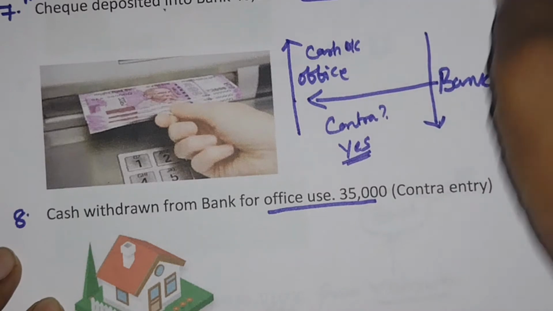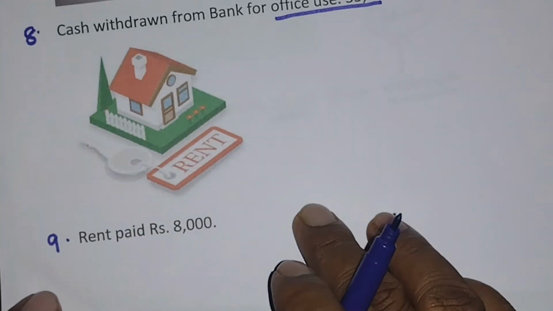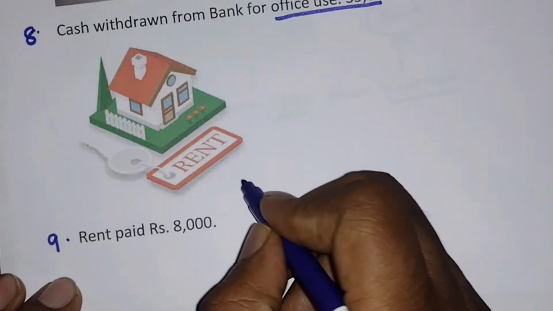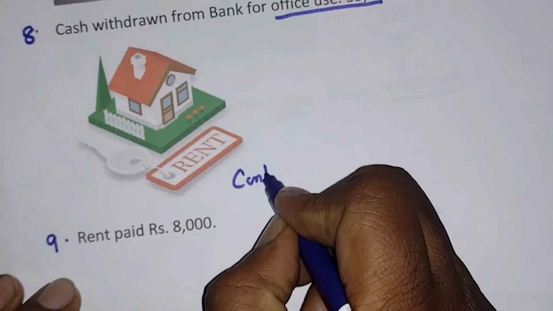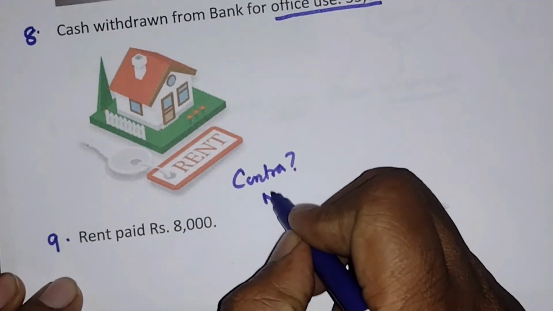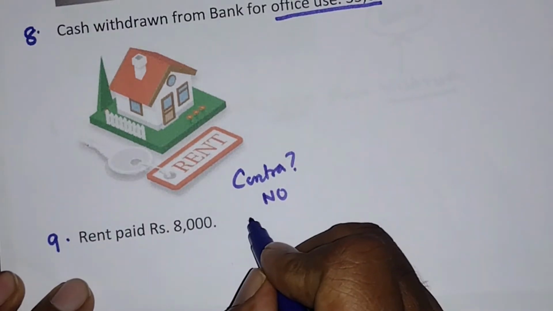Next one is, yes, rent paid rupees 8,000. Now this question is to you people. Is this a contra? No. Why is it not contra?